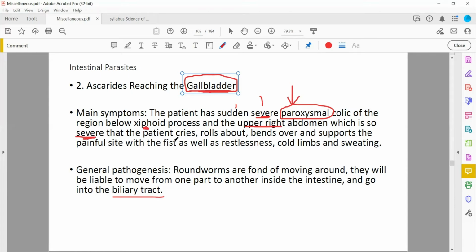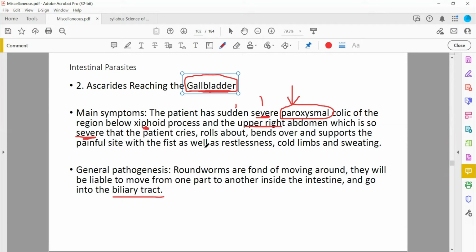Let's see. And for inflammation of the gallbladder, there could be fever. And this one we didn't see the fever, right? If there's inflammation anywhere in the body, there will be fever. The body temperature will be a little bit higher.